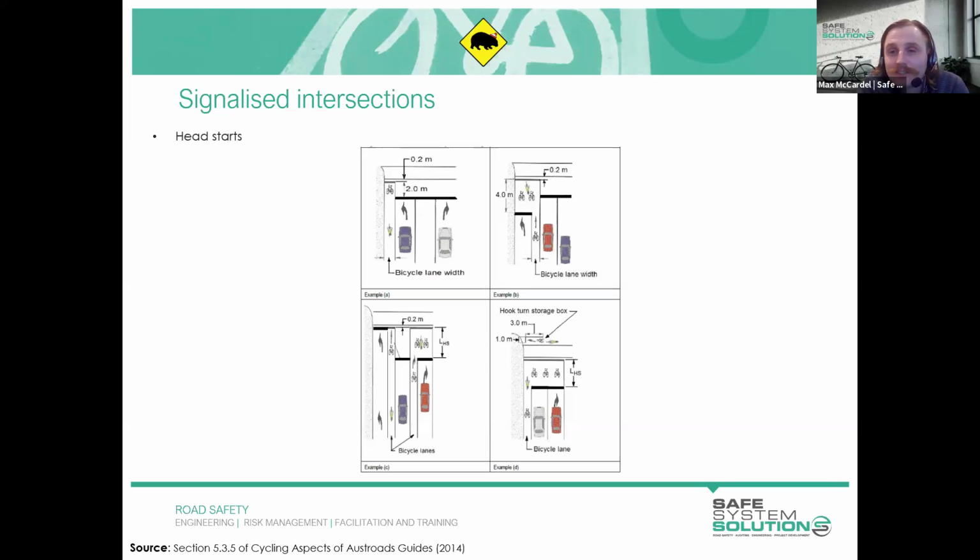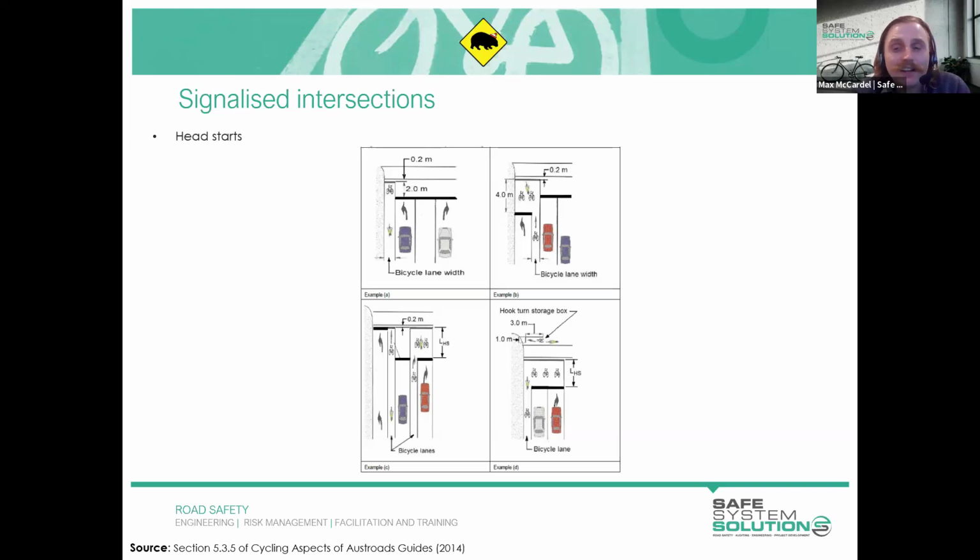It's really just to give bike riders that prominent position at the intersection, but you're still kind of forcing them to travel in the traffic lane. So it's not to say that the head starts are going to be the massive resolution to all of cycling trauma. But just wanted to mention that we do have these things and we should be implementing them at intersections where we do have cycling corridors and cycling connections to help maintain that movement.